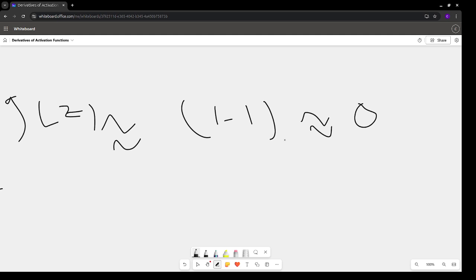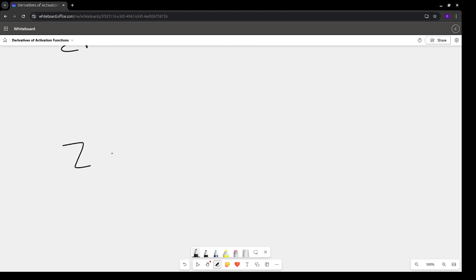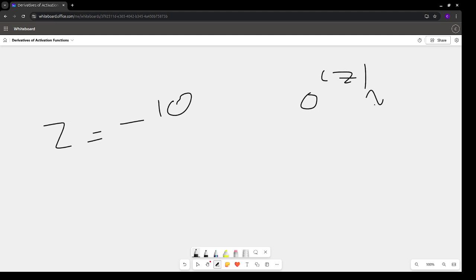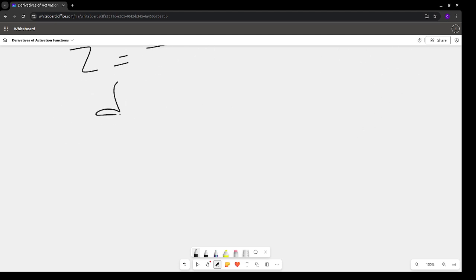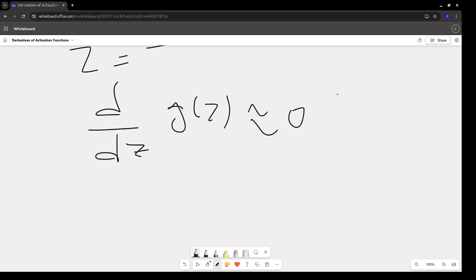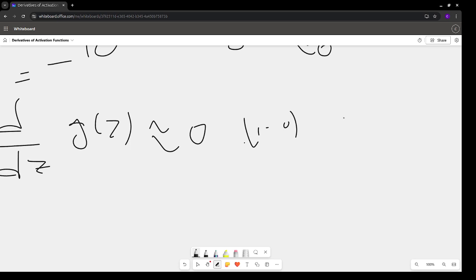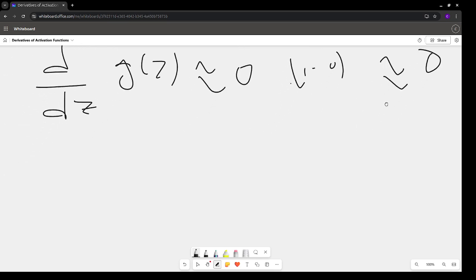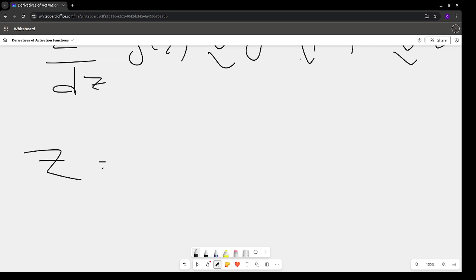And what happens after that is Z going to be minus 10, then this is going to be almost 0, and this is going to be 0, into 1 minus 0 is going to be equal to 0 approximately.